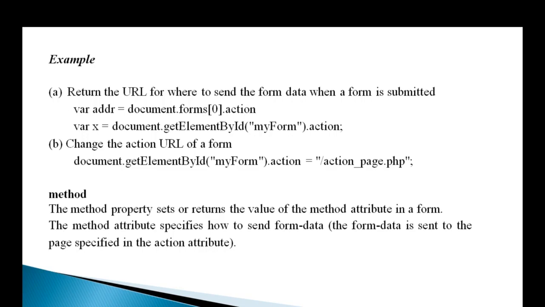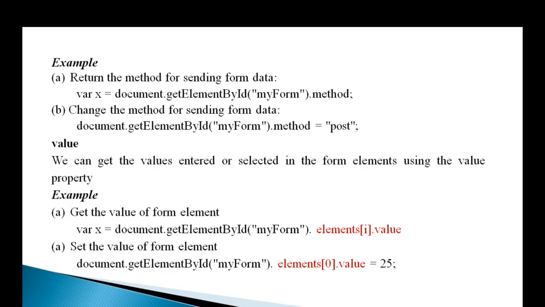Next, coming to method. The method property sets or returns the value of the method attribute in a form. The method attribute specifies how to send form data. The form data is sent to the page specified in the action attribute. We have methods like get and post. Let's see the example for this method with post.